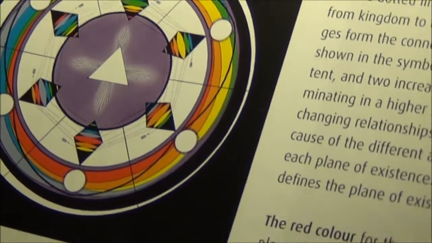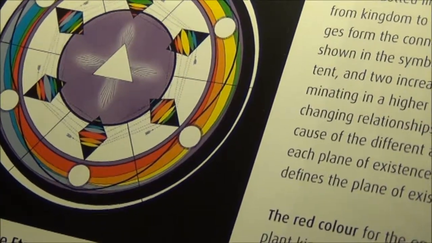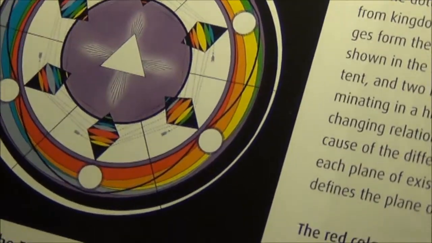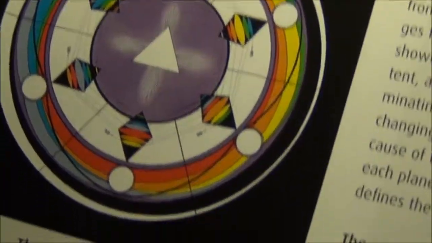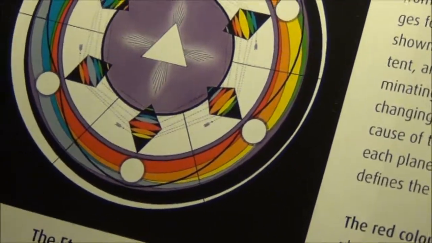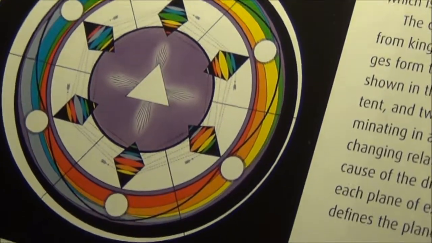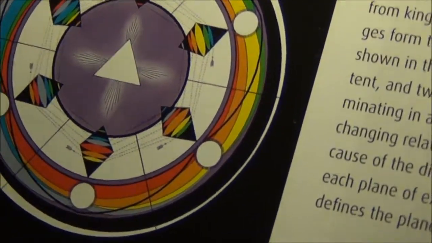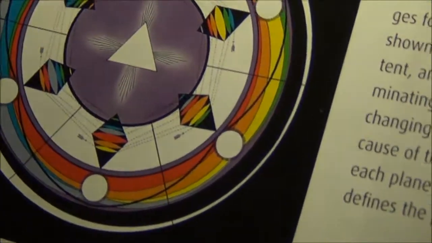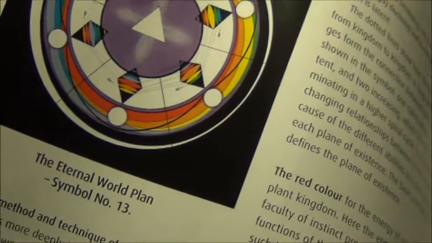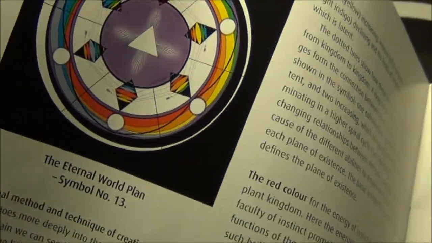The animal kingdom is with the energy of gravity, orange culminating. The animal kingdom is the orange color. And we can see the orange. I will zoom in. We can see the orange culminating.